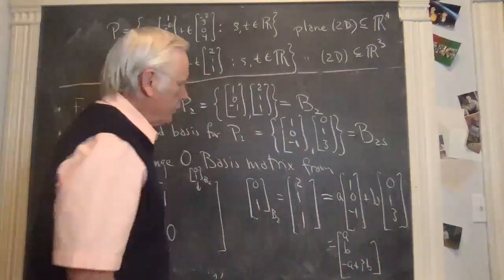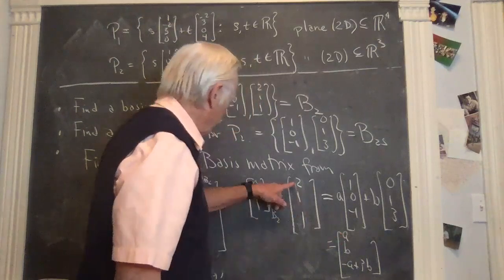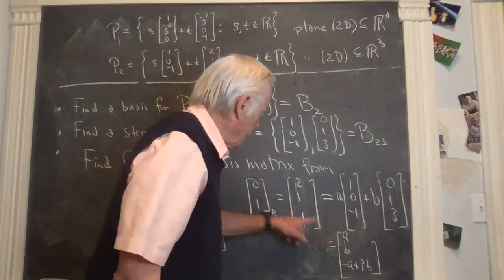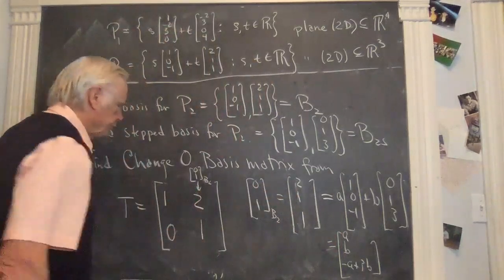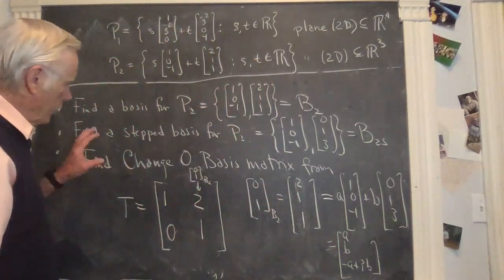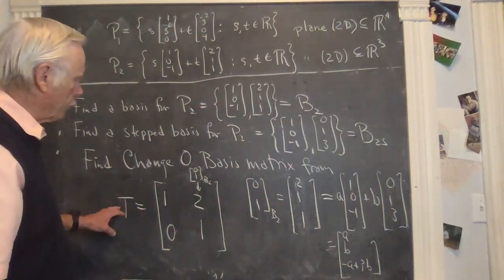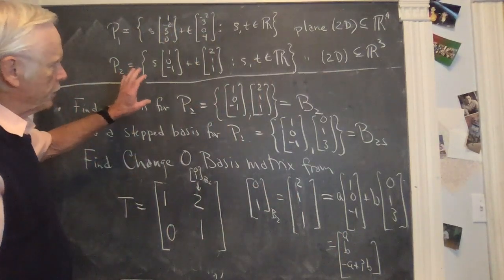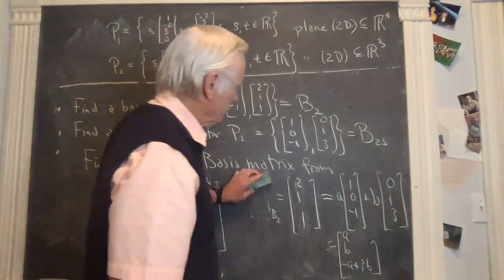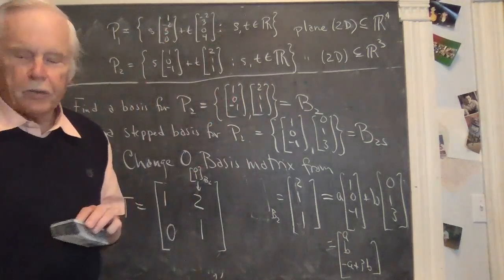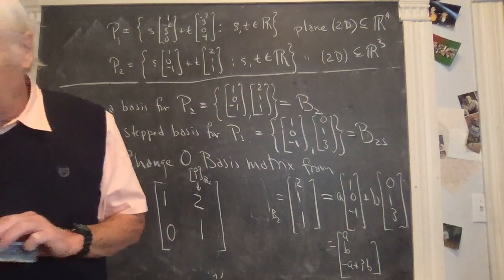But this time, A is 2 and B is 1. So here is the matrix that transforms the basis B2 to the basis B2S. Any questions about this? Sky? No?